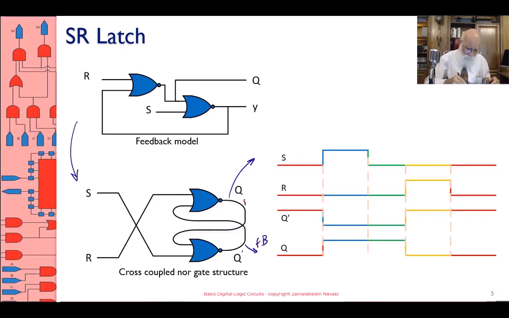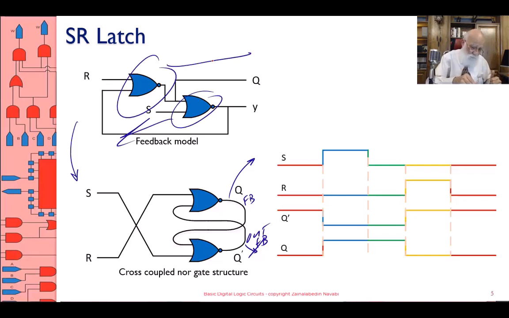You can call this one the feedback and this one the output. It doesn't matter. And actually, if you look at the circuit on top, if I push the lower gate back and then push this one forward, that becomes the feedback. Q becomes the feedback. Okay?